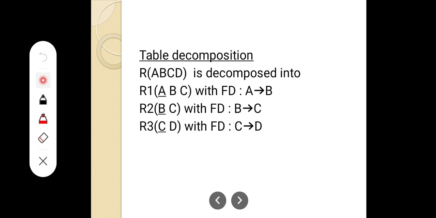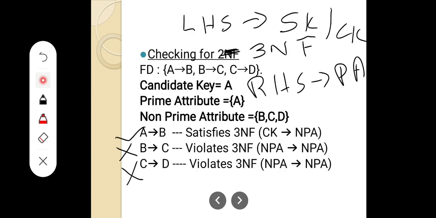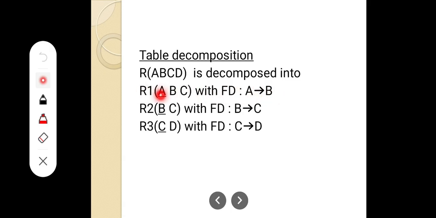Clear? Now the rest of the attributes: A to B can be accommodated in this one, so A, B, C. In the relation A, B, C we have the functional dependency A determines B. Why have we included C here, when the functional dependency does not have C? Because C is a reference to the other tables.